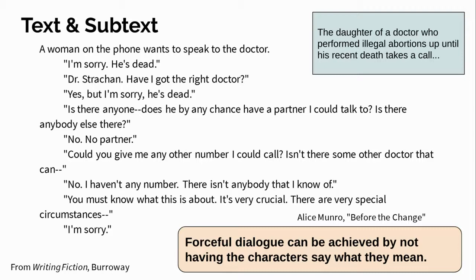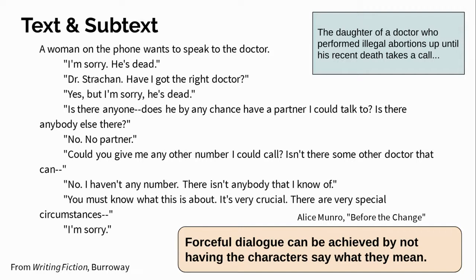So in this exchange, you can see that the daughter wants to say, look, the person is dead, and I don't know of anyone who can perform this surgery for you. And note that the other woman doesn't even mention the word abortion. She just says, it's very crucial.